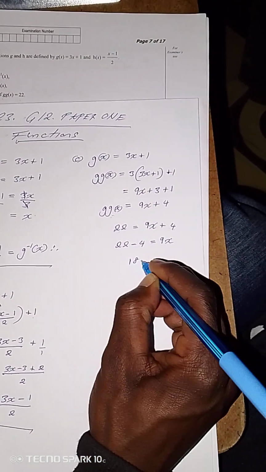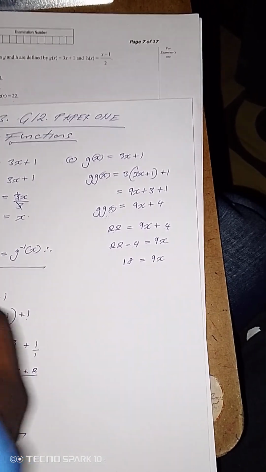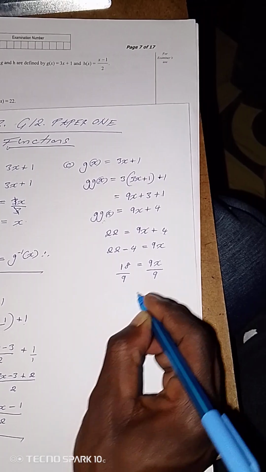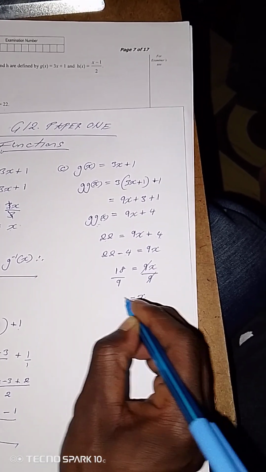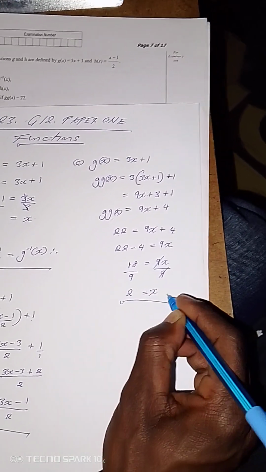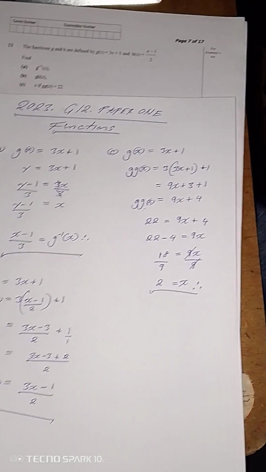So 18 equals 9x. Divide both sides by 9, so x equals 18 divided by 9, it's 2. Therefore x equals 2. So this is how you are supposed to solve this question.